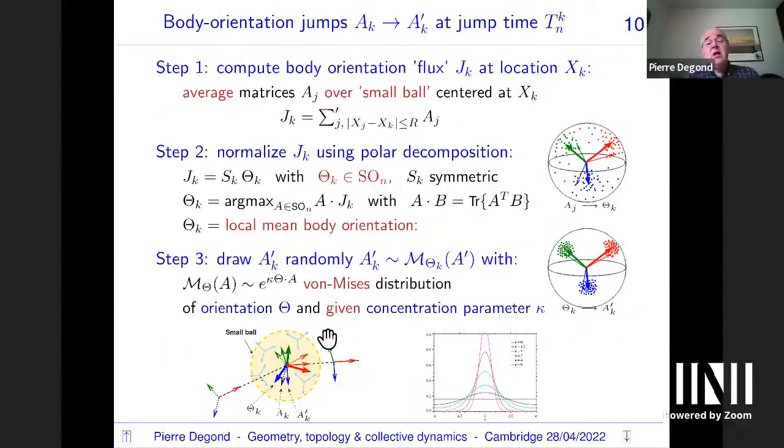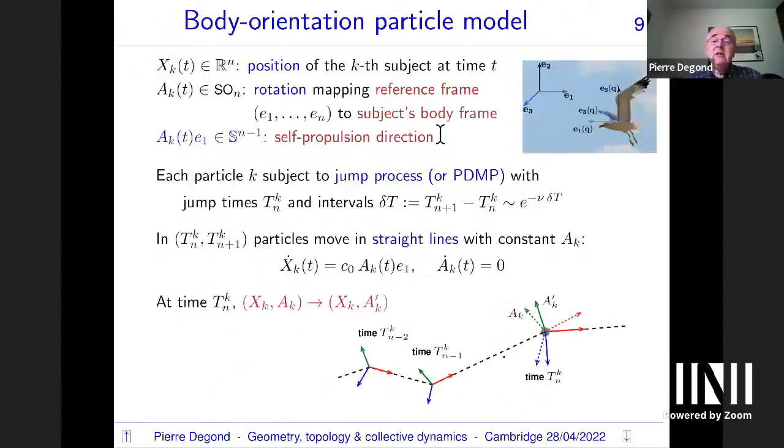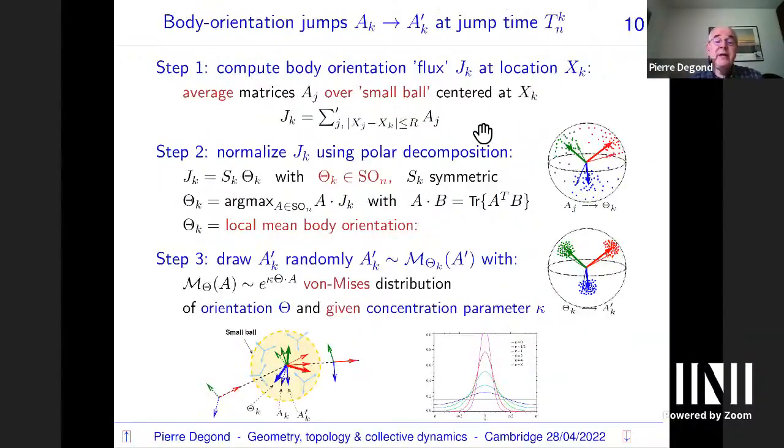Because here you see that everything is independent from the choice of the original reference frame. So if I chose a different reference frame, that would amount to multiplying all the rotation matrices to the right by a given rotation. And I have to find that everything goes through.